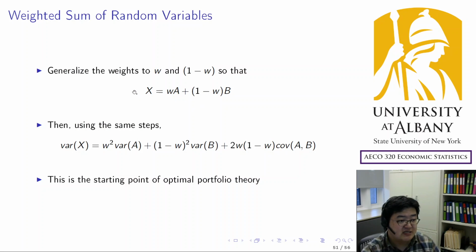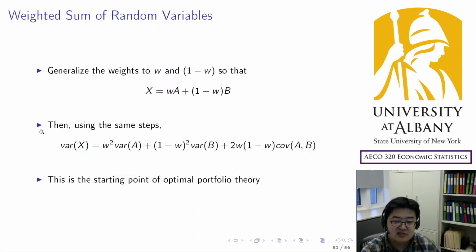This is a generalization. So that was an example. Now, we would like to set the weight on A as W. W is invested on A, and 1 minus W is invested on B. Earlier it was 0.3, 0.7, but now in general W. In the end, we would like to find the optimal W that minimizes the risk.